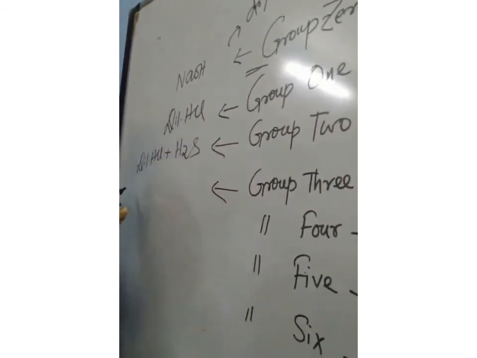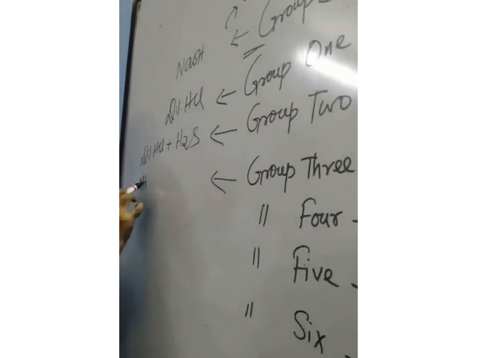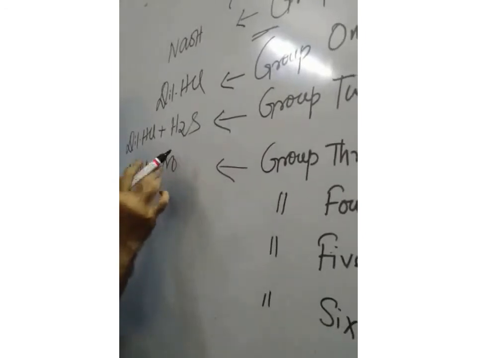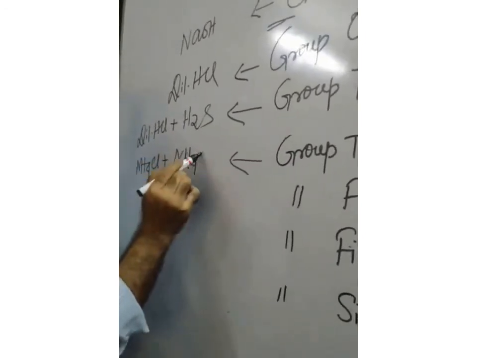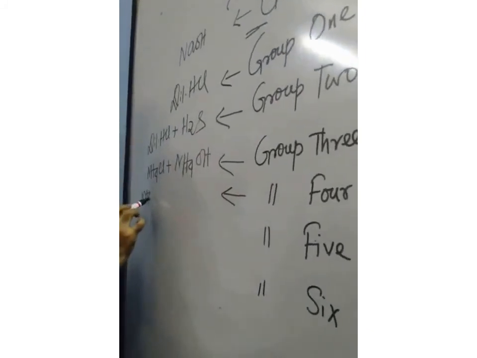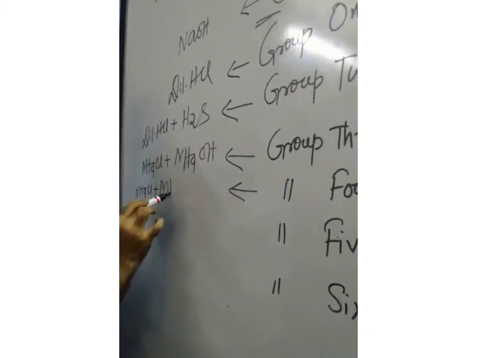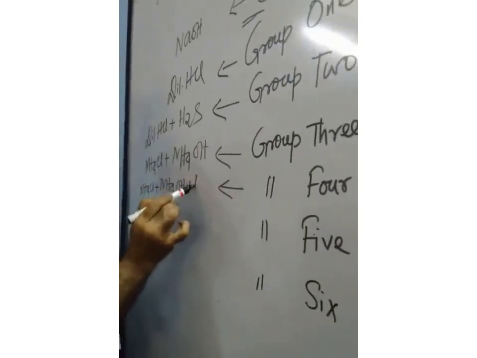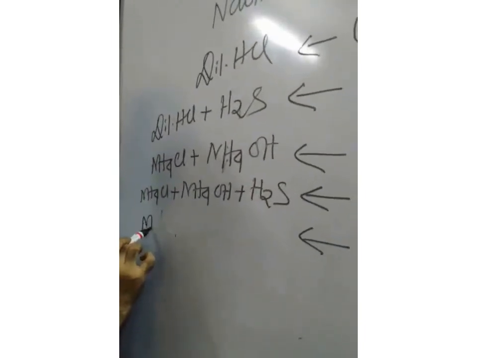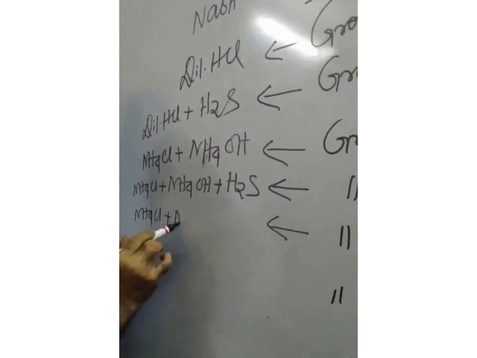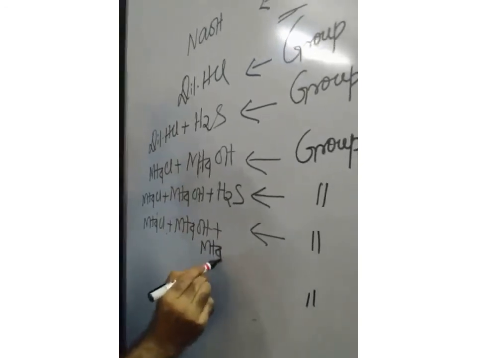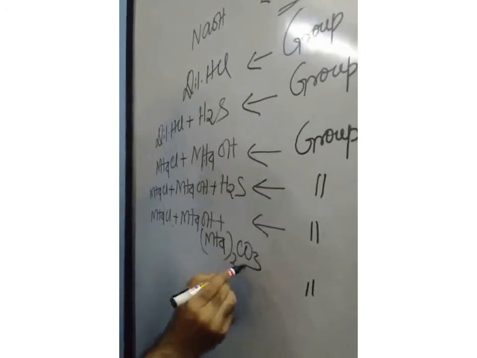With group 3, it is NH4Cl followed by NH4OH. The fourth has the same NH4Cl plus NH4OH plus H2S. These are the group reagents actually. For the next group, it is NH4Cl plus NH4OH plus (NH4)2CO3, ammonium carbonate.